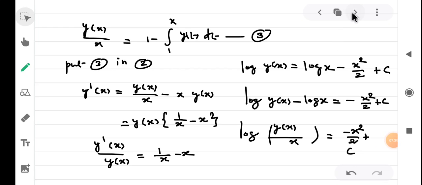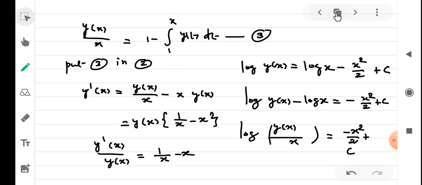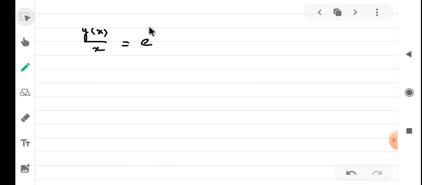So taking exponential on both sides, I'll get y of x divided by x is equal to e power minus x square by 2 plus c. This can be rewritten as e power minus x square by 2 into e power c.